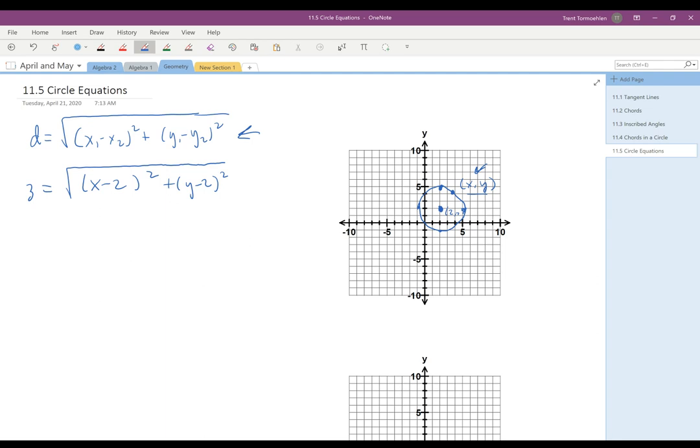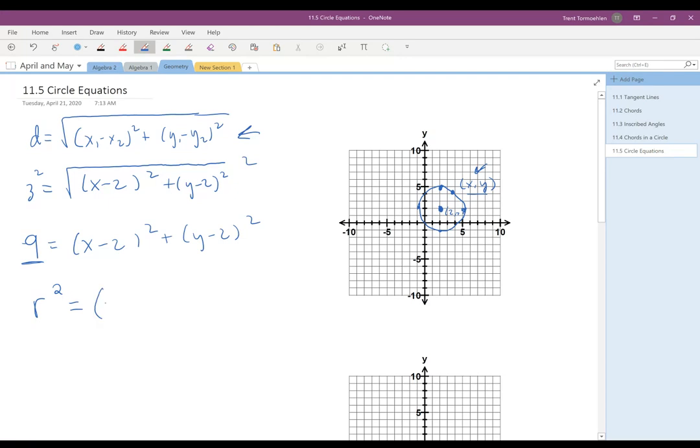And if I simply square both sides, I get 9 equals (x minus 2) squared plus (y minus 2) squared, because the square root goes away. And we find out that the basic equation for a circle is very simple. It is the radius squared equals... do you see how the radius was 3, so I do 3 squared to get 9?